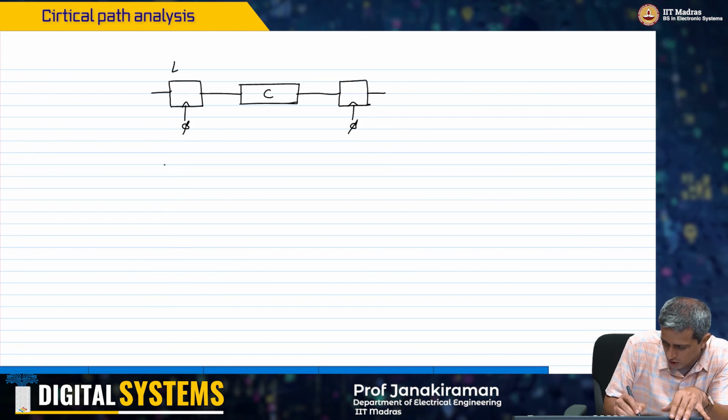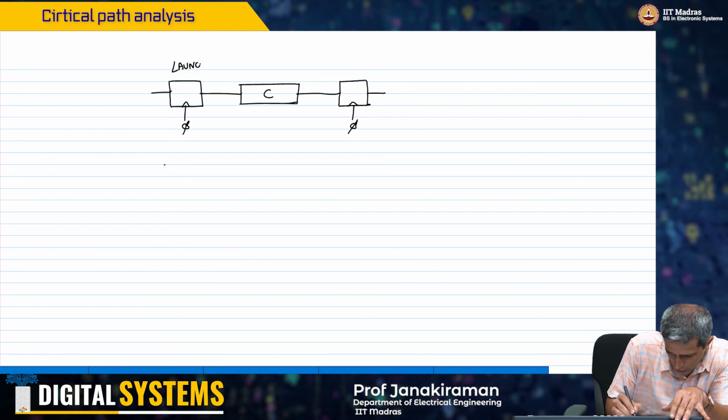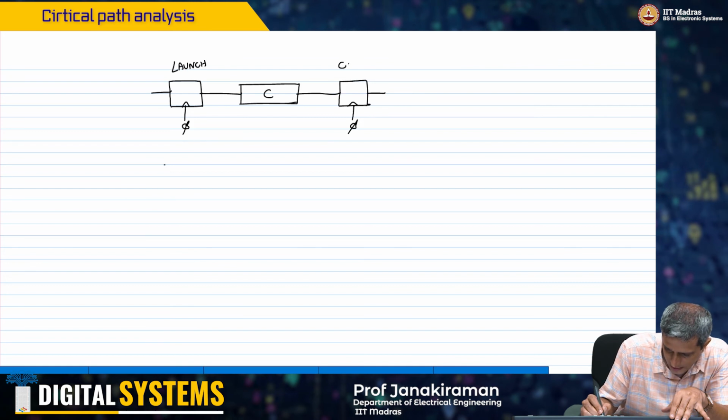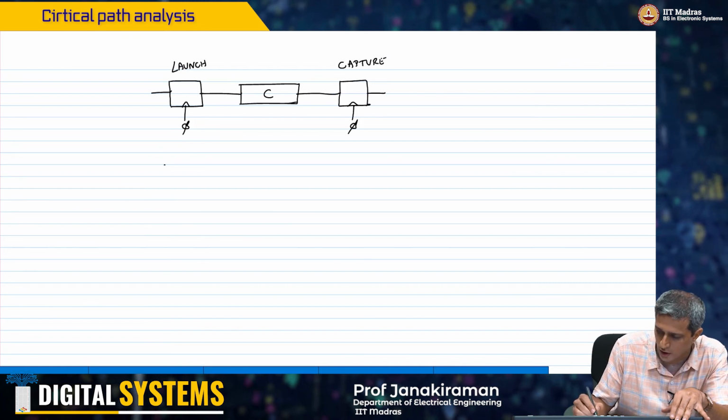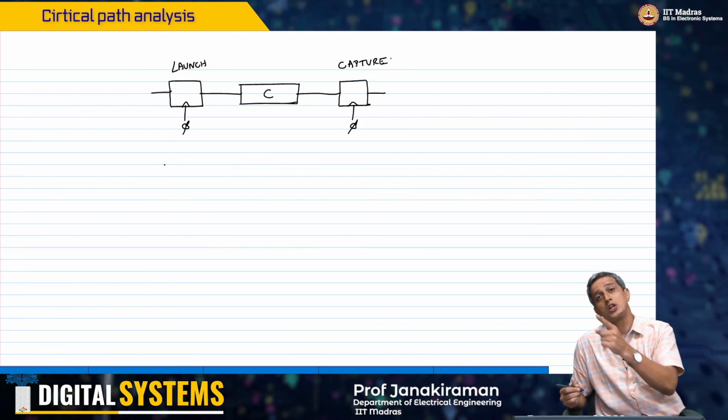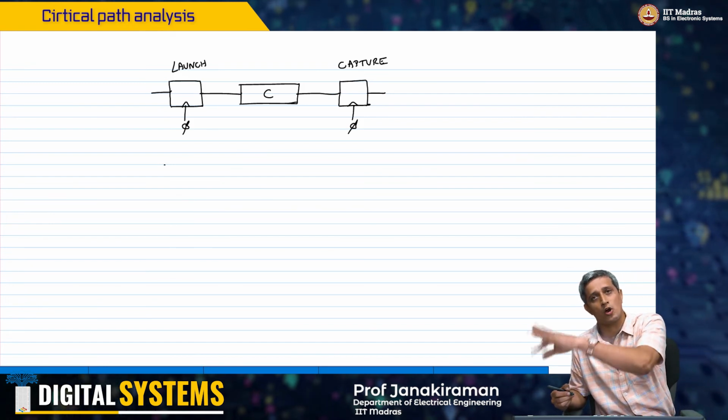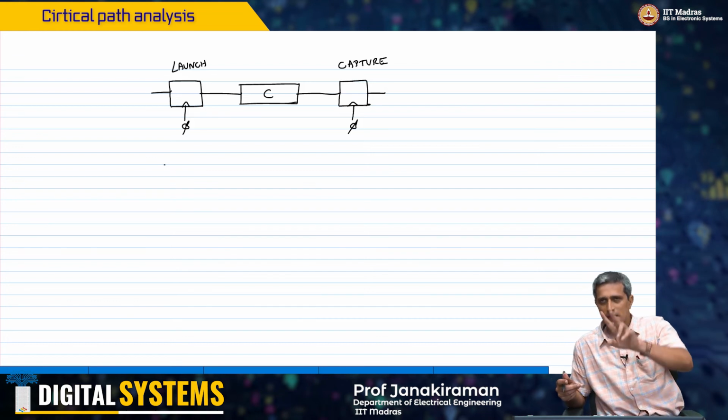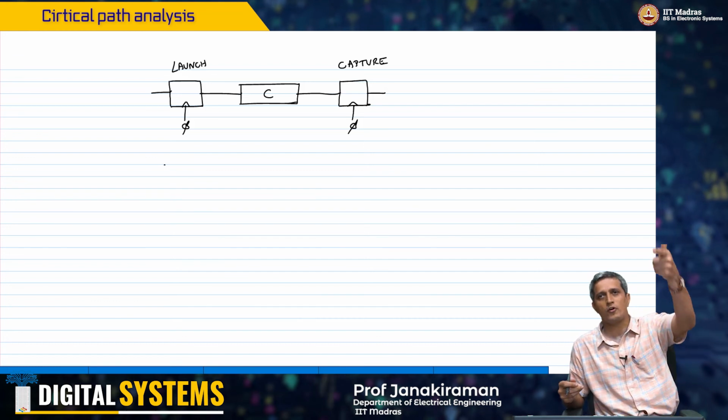This is called the launch flop, and this is the capture flop. The capture flop can become the launch flop for the next stage. If I have another combinational block after that, then the capture flop becomes the launch flop for that one.